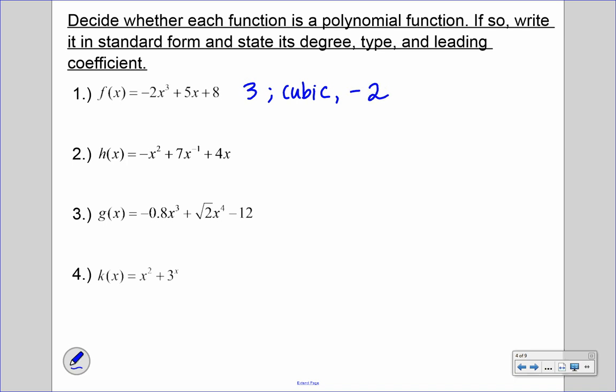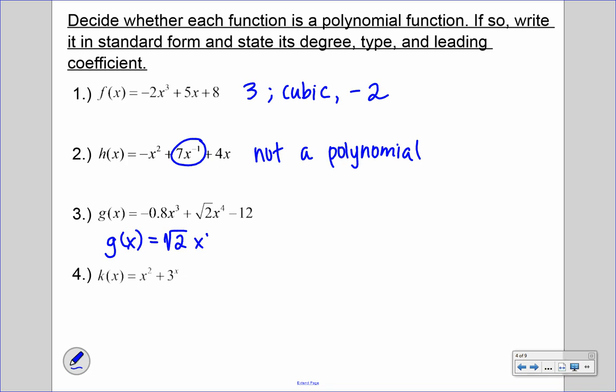For number 2, I see a negative exponent, and if I have a negative exponent, this is not a polynomial. Number 3, I notice that my highest degree is a 4, but this is not in standard form because it's not in decreasing order. So I'm going to rewrite this as g of x is equal to the square root of 2, x to the 4th, minus 0.8 x to the 3rd, minus 12.